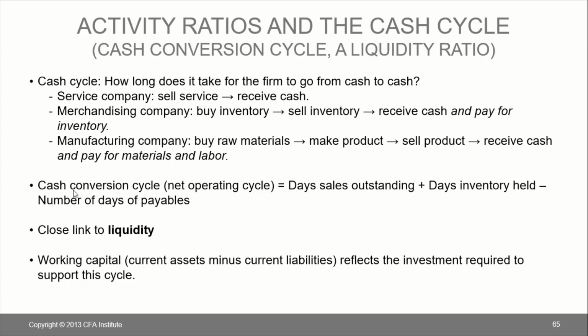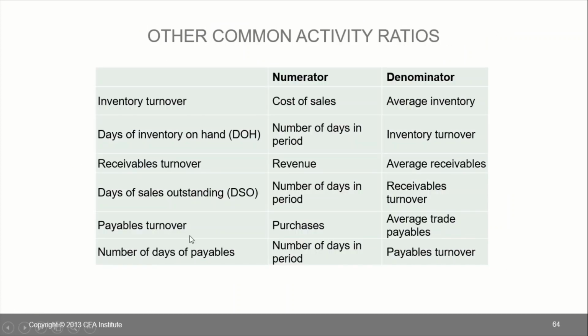Okay? So cash conversion cycle or the net operating cycle is equal to your days of sales outstanding plus days inventory held minus number of days of payables. So again, sabi ko nga kanina, for some firm, hindi naman nila ito nire-require. Okay? But for the sake of computing for your cash conversion cycle, you have to take note of this 3: 1, 2, and 3.